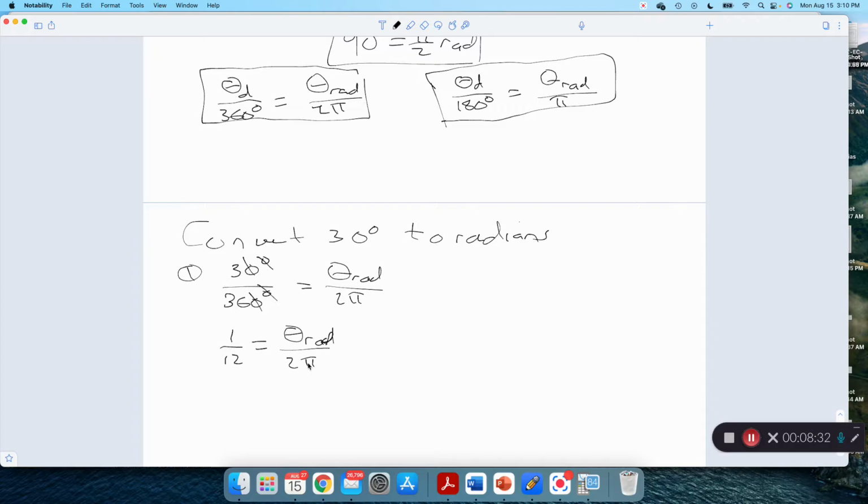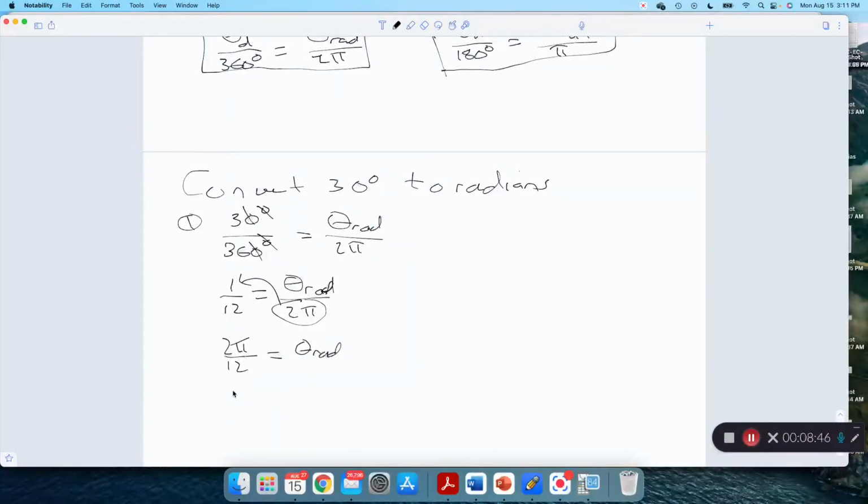Now I'm trying to get this by itself, so I need to multiply this 2 pi up to the other side. This 2 pi is going to travel up here. So I get 2 pi over 12 is my angle in radians, and I can simplify that. 2 goes into 12 6 times. Again, don't worry about the pi. The pi just comes along for the ride. 2 out of 12 is 1/6. So 30 degrees is pi over 6 radians.